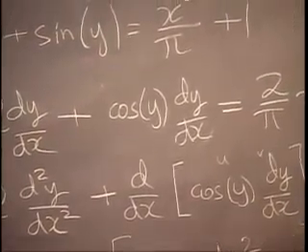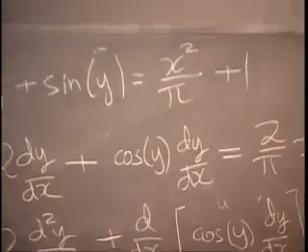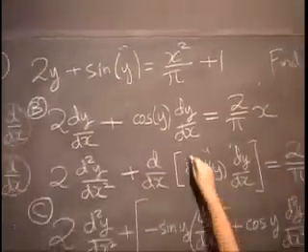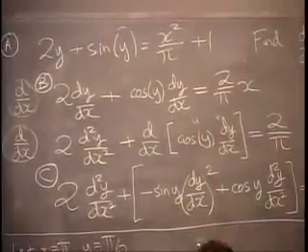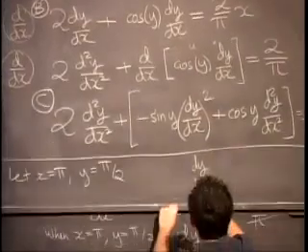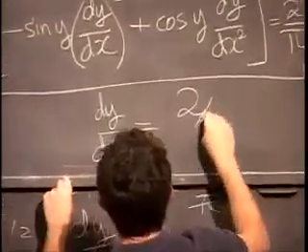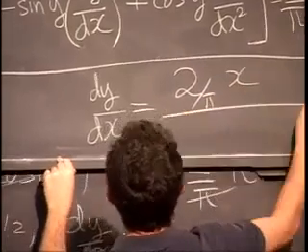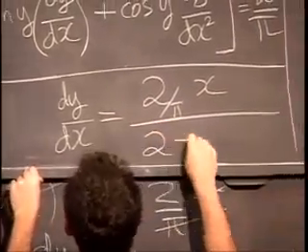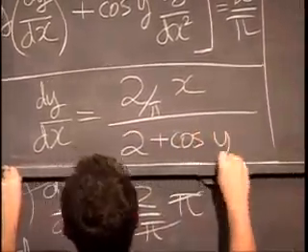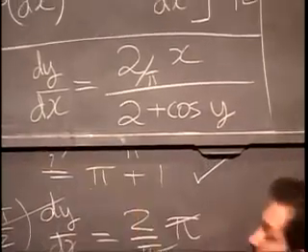And you could do that too. I did mention this. If I do make dy/dx the subject, you get something like this: 2 over pi x divided by 2 plus cosine y. That is another way of writing B.